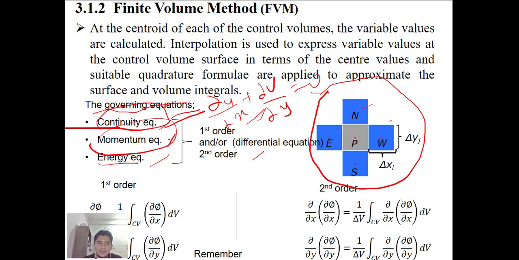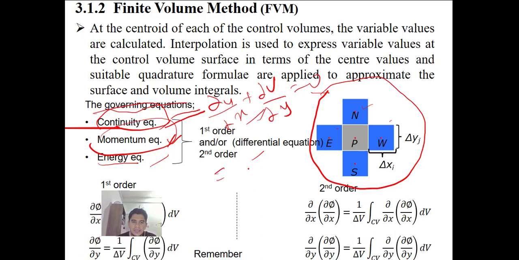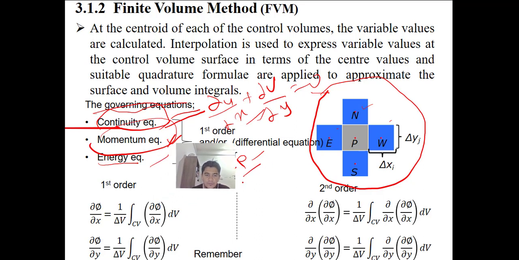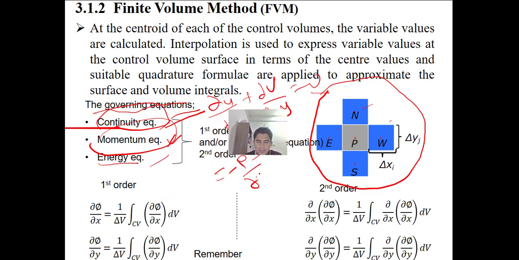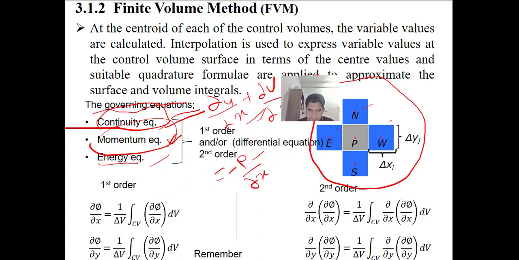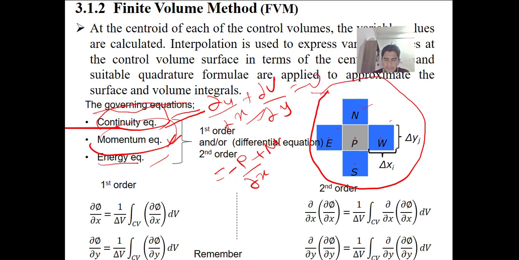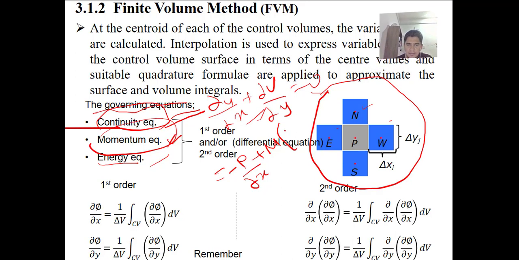For the momentum equation, especially at the right hand side, we have minus 1 over rho, partial p over partial x for the x direction, plus viscosity times partial u over partial x.